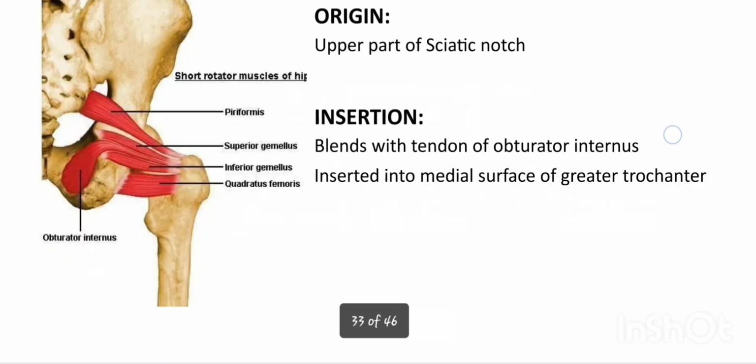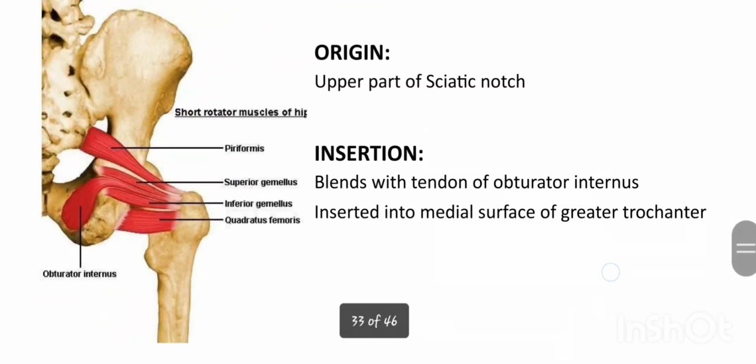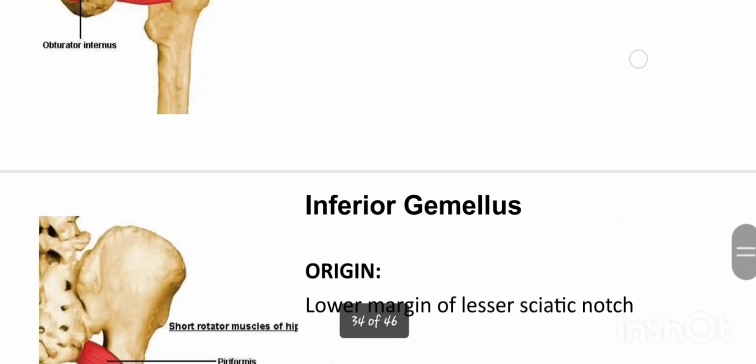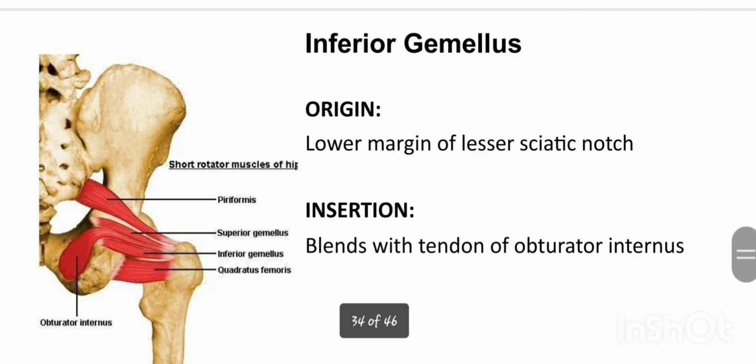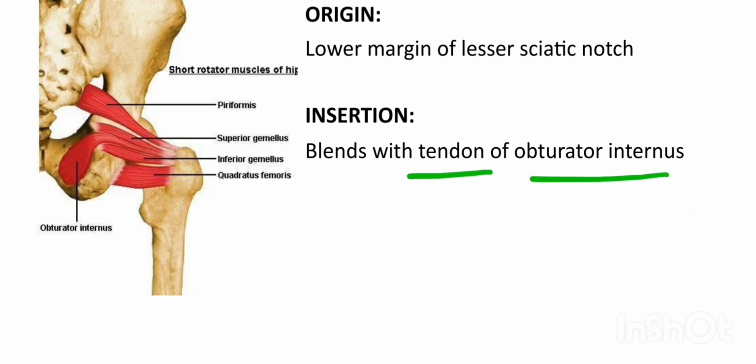Coming to the inferior gemellus, it originates from the lesser sciatic notch. It gets inserted into the tendon of the obturator internus, blending with it.